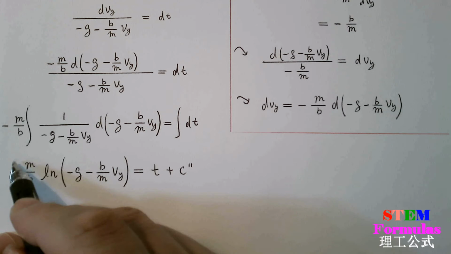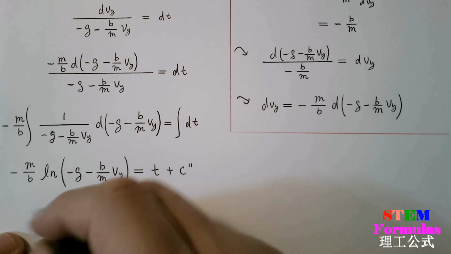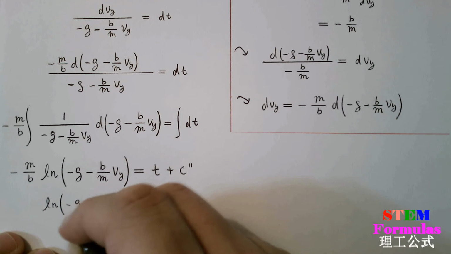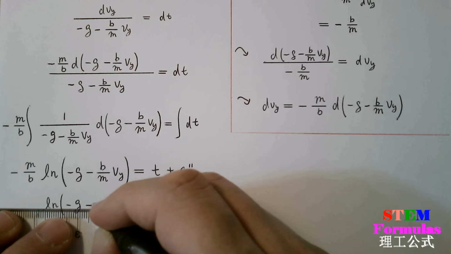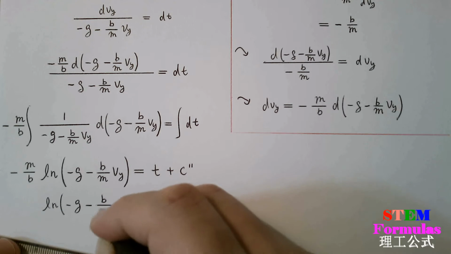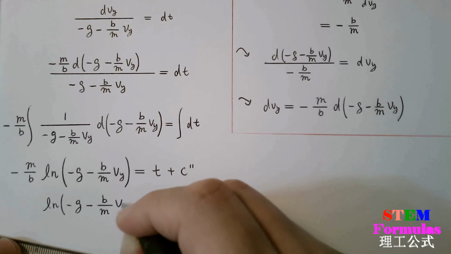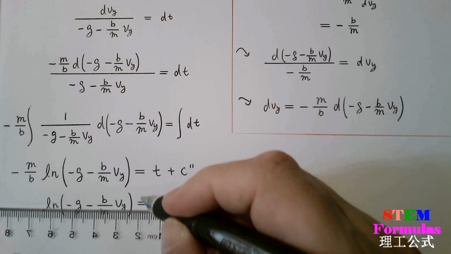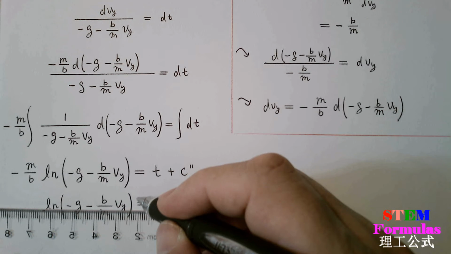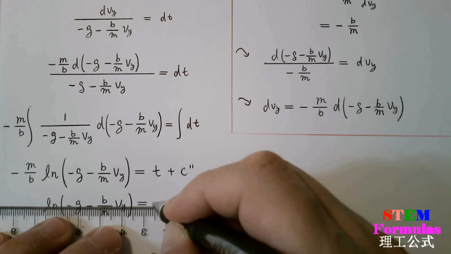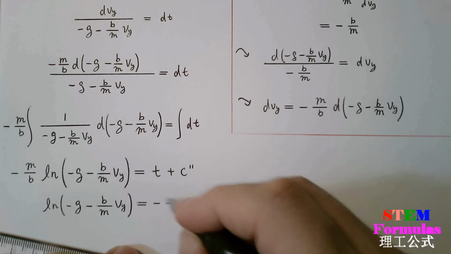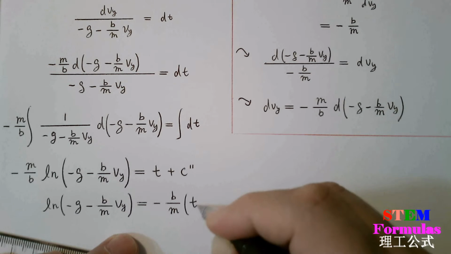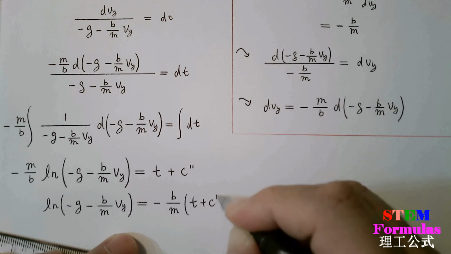If I move this coefficient to the right side, I have ln of minus g minus b divided by m vy equal minus b divided by m t plus c double prime.